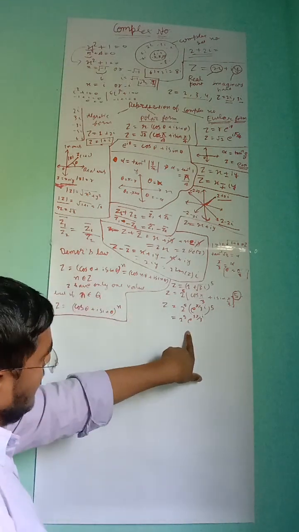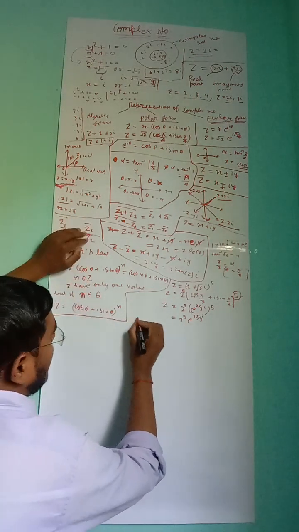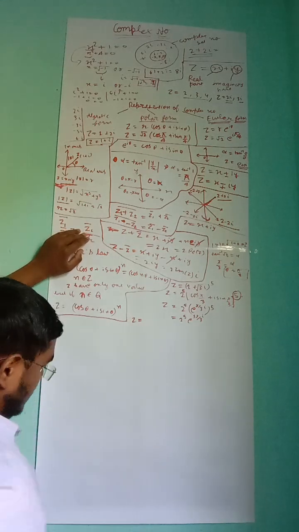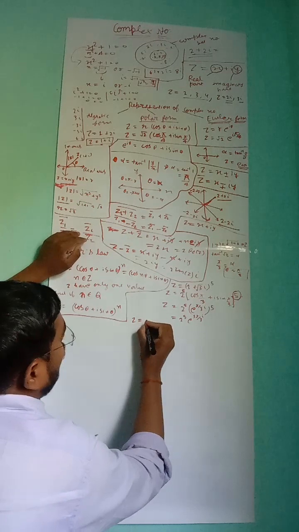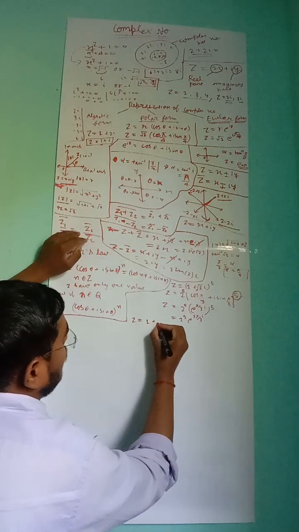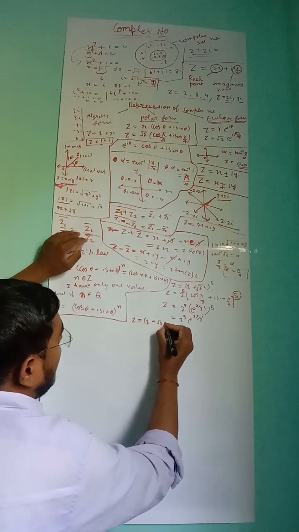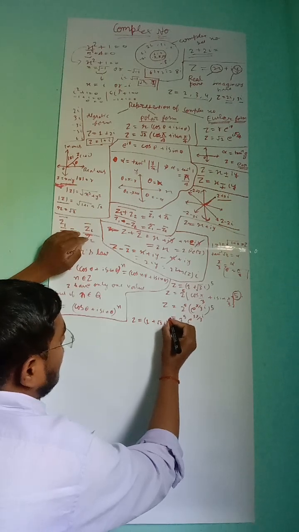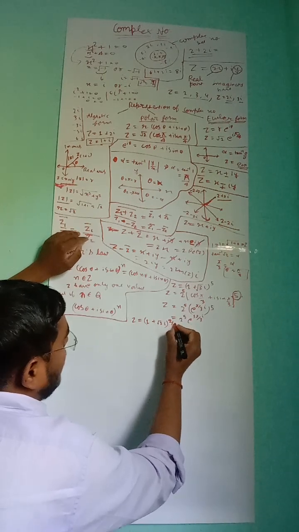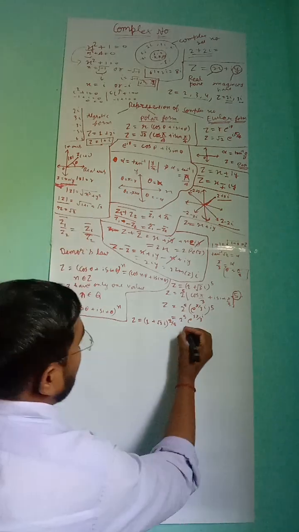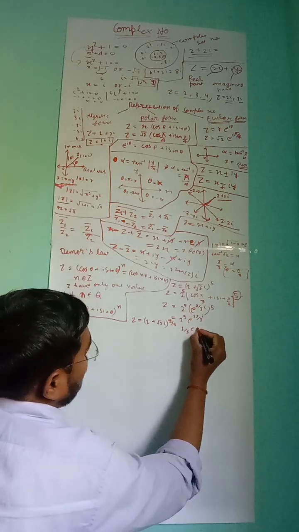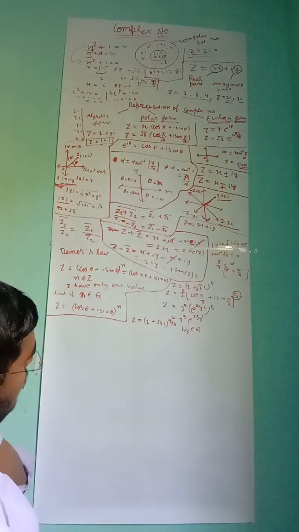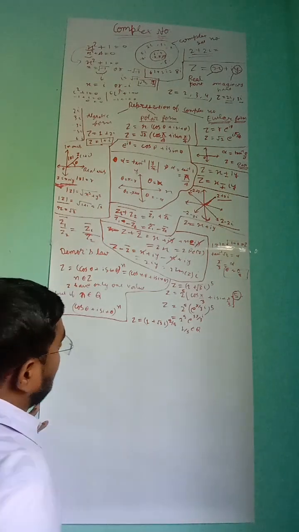We get only one single value. But if my z is like that, suppose my z is (1 plus root 3 iota) power 1 by 5, then 1 by 5 belongs to the set of rational numbers.